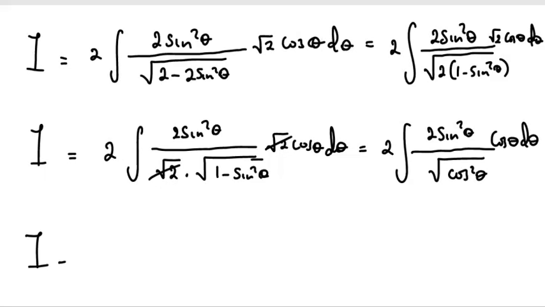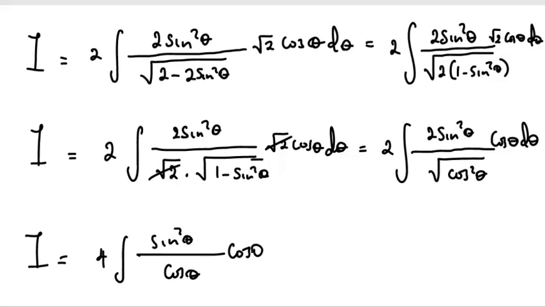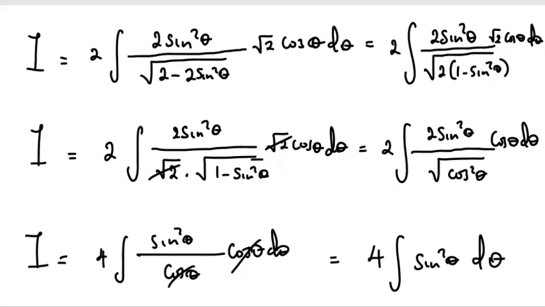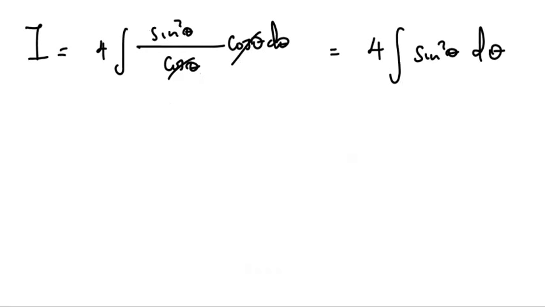So here I is equal to 4 times the integral of sine squared of theta divided by cosine of theta, multiplied by cosine of theta d theta, and these both get cancelled, and here we have 4 times the integral of sine squared theta d theta.